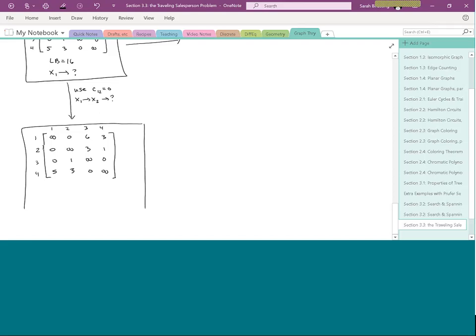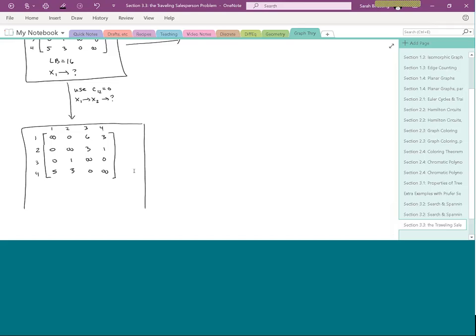So one of the things that we do when we progress on to our next vertices is we need to adjust this matrix to make sure we don't accidentally pick up any subcircuits. Remember when we were building Hamilton circuits back in Chapter 2, and one of the things we had to watch out for was don't pick up little subcircuits before we get to all of the vertices? Same issue occurs here.